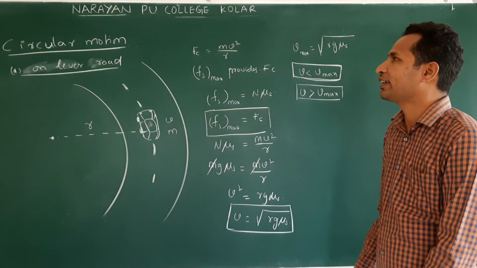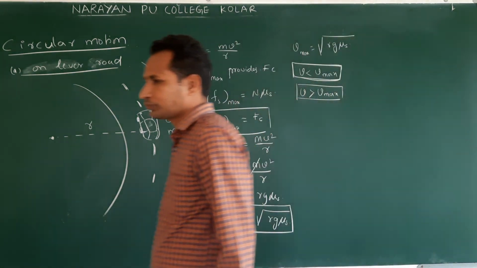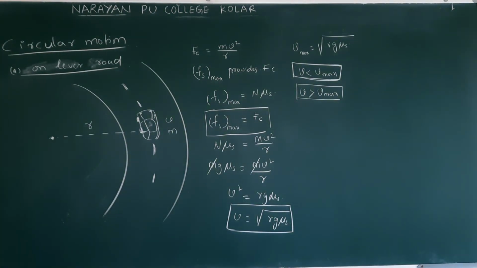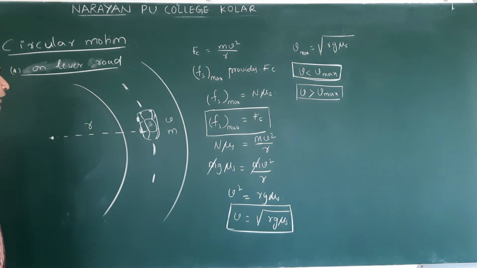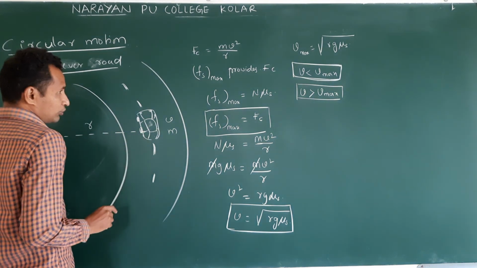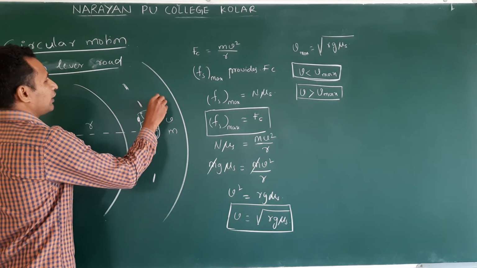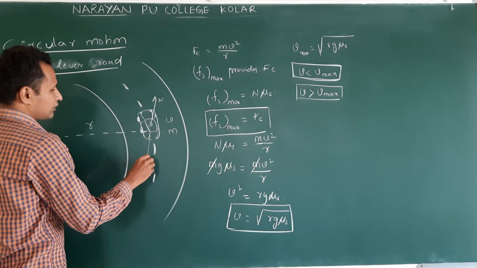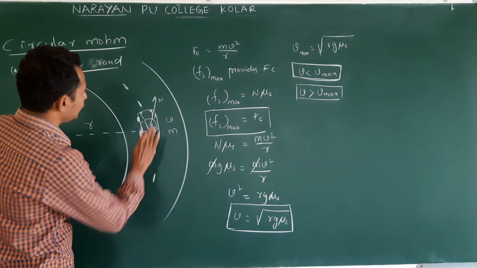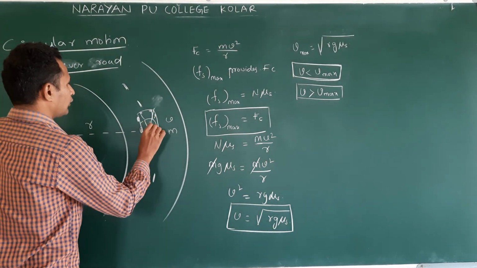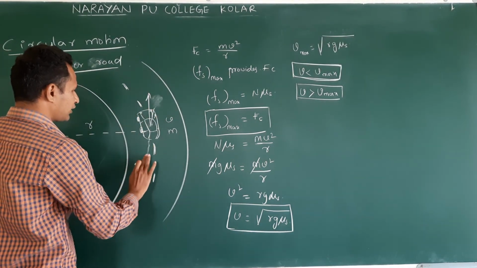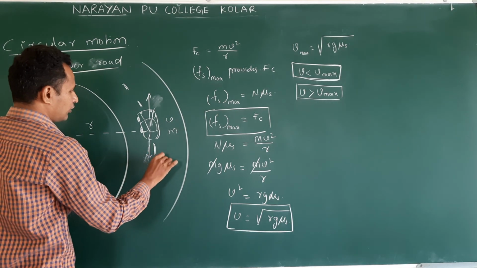The second one is the banked road, which we will see now. Okay, I forgot to draw these forces. Normal reaction acts up, perpendicular to the surface, and mg acts downwards.